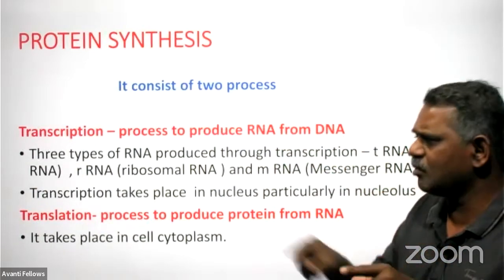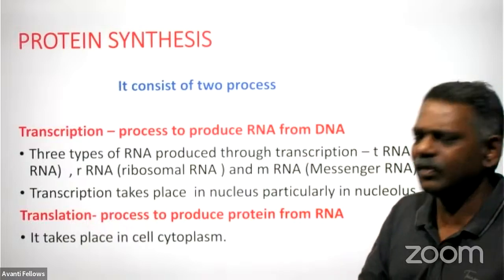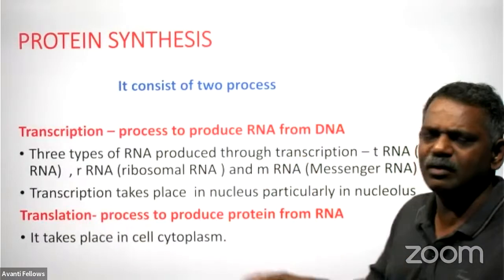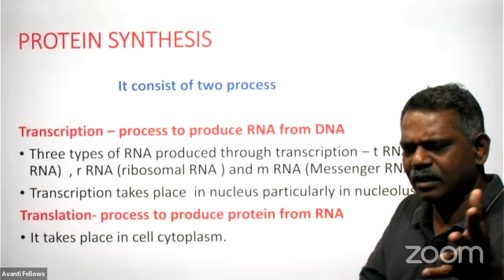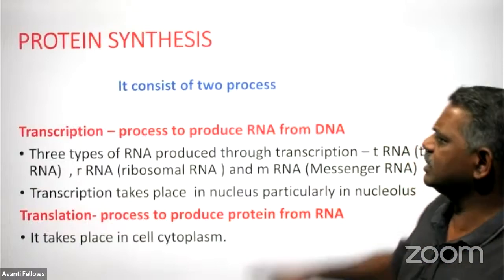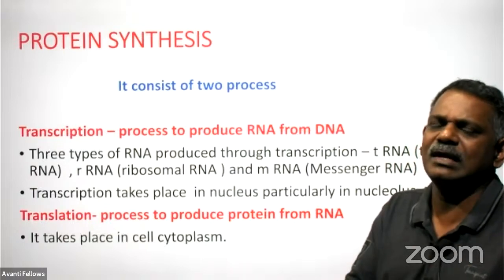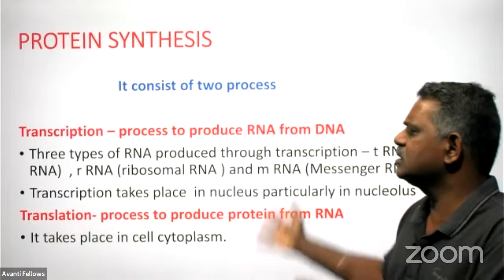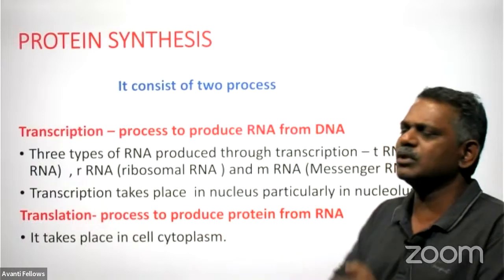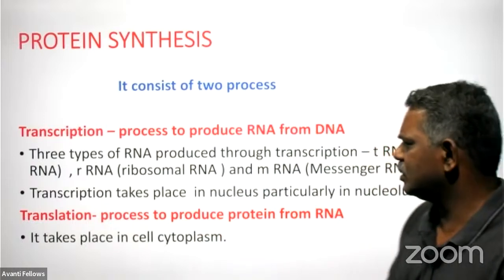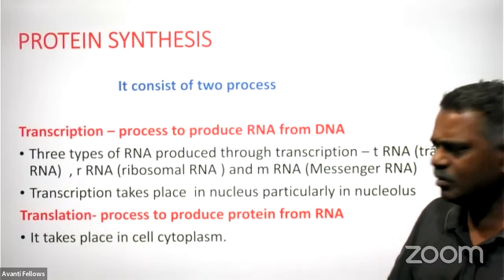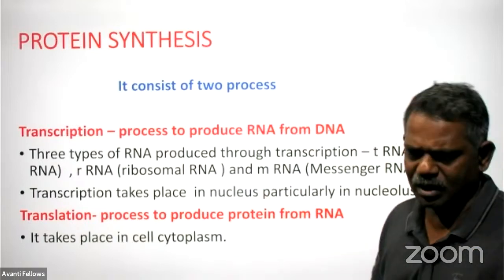The DNA is required, that is there in the nucleus. Then for synthesizing the RNA, the ribonucleotides are required, that is available only in the nucleus. So naturally, the process of RNA synthesis takes place in the nucleus, and translation, the real process of protein synthesis, takes place only in the cell cytoplasm, because many machineries are required.